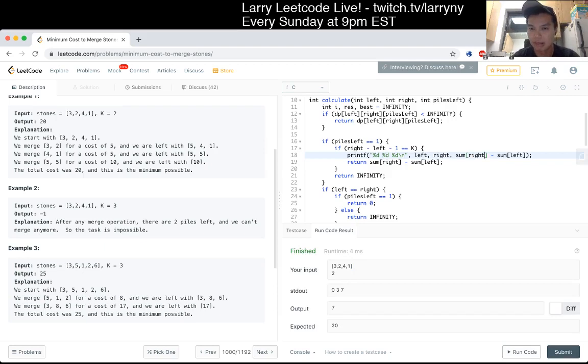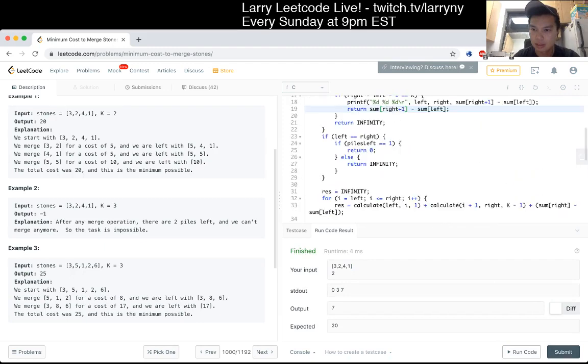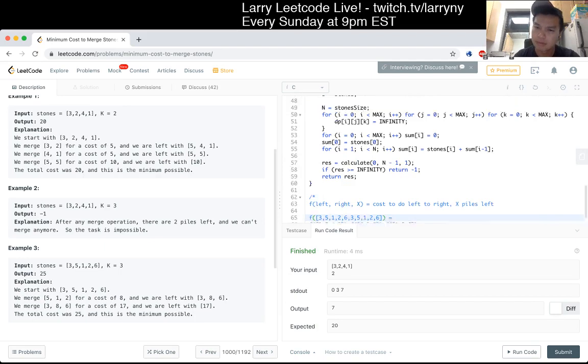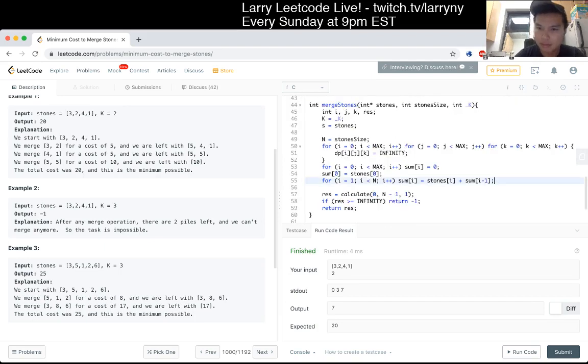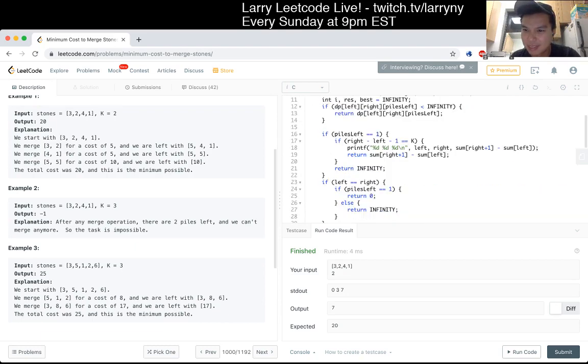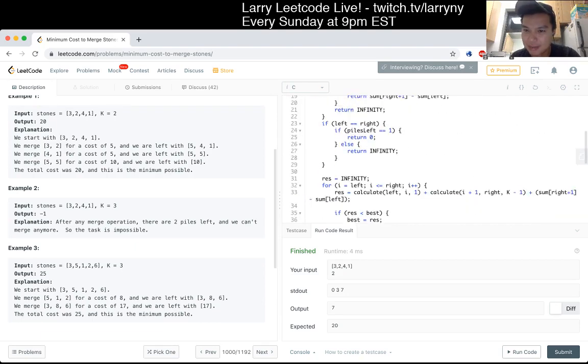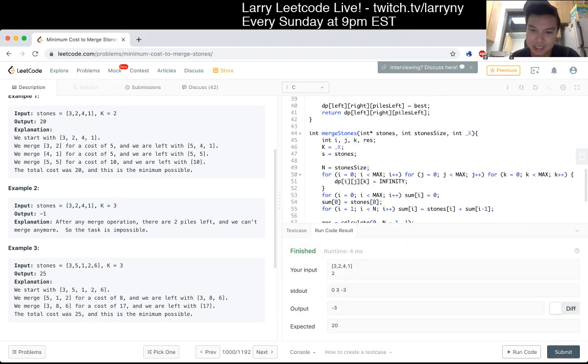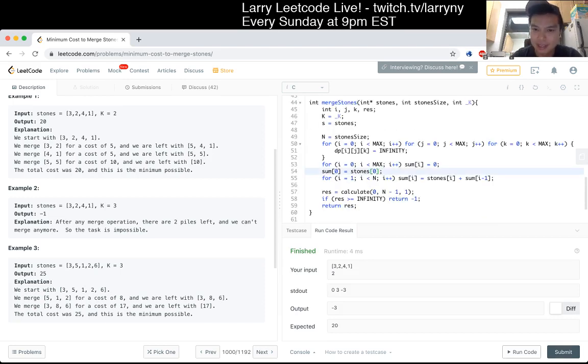I think this. Yeah. Yeah, that's fine. I know there's gonna be some weird off by one issues. Okay. Yep. Right. That's the way I traditionally do this.